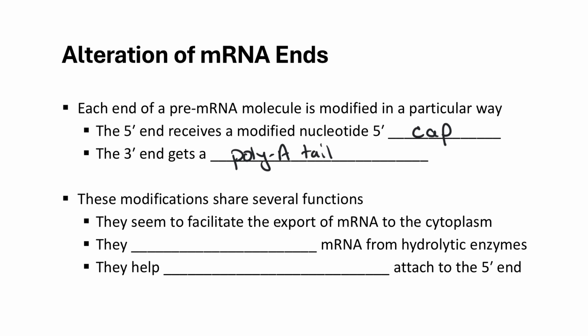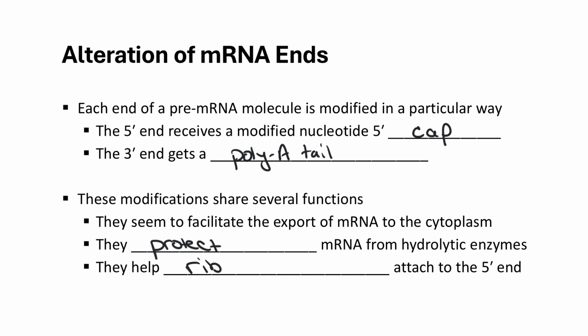These modifications share several functions. They seem to facilitate the export of mRNA to the cytoplasm, where it's going to eventually meet up with a ribosome. They protect the mRNA from hydrolytic enzymes so that it doesn't get degraded right away.